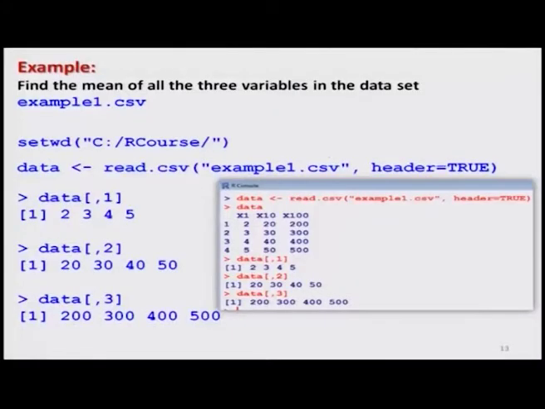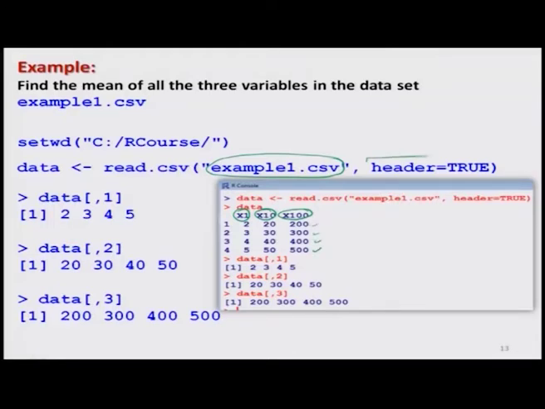If you remember, some lectures back we had created a file, example1.csv, and in this file we have 3 variables, x1, x10, x100, containing the values 2, 3, 4, 5, 20, 30, 40, 50, 200, 300, 400 and 500.